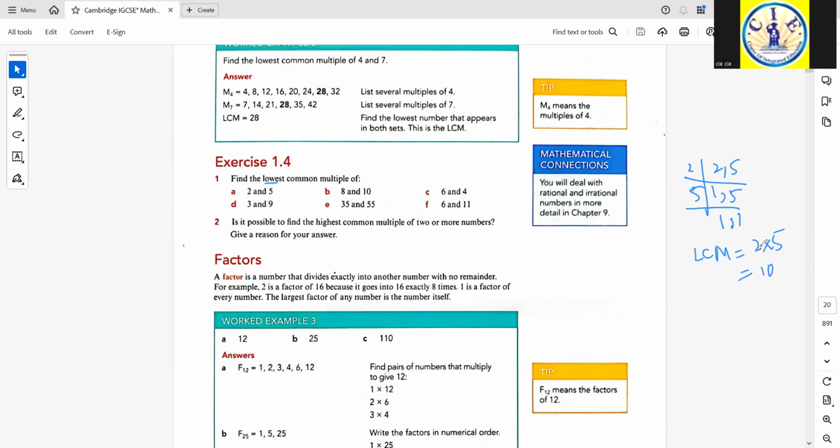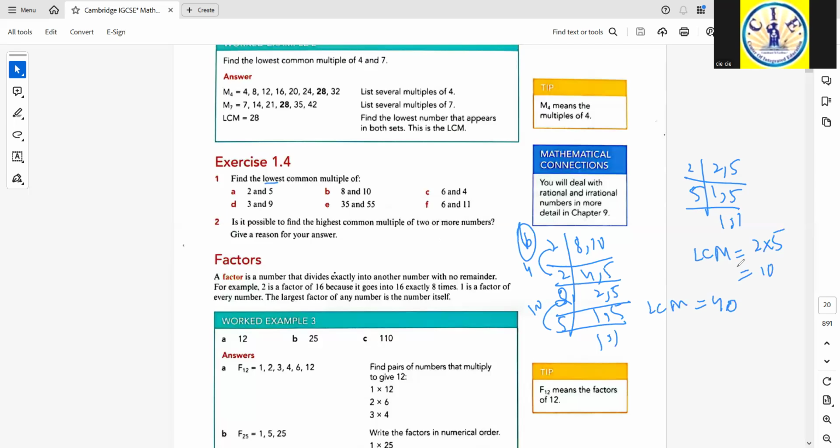The LCM is 10. For part B, 8 and 10: 2 fours are 8, 2 fives are 10. So 5 twos are 10 and 2 twos are 4. 4 times 10, that is 40.